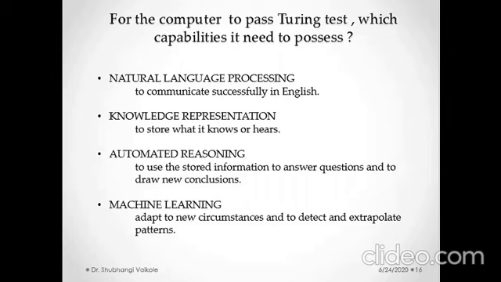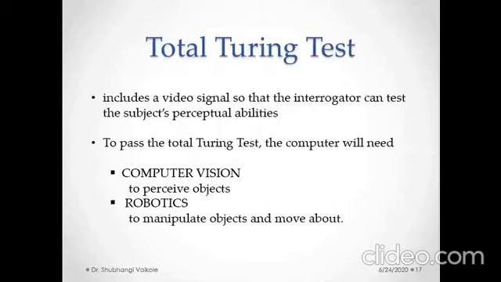The knowledge stored in the machine is stored in a certain format, and that is called knowledge representation. Then automated reasoning. This is used to use the stored information to answer questions and to draw new conclusions. Then machine learning. It is used to adapt to new circumstances and to detect and extrapolate patterns.